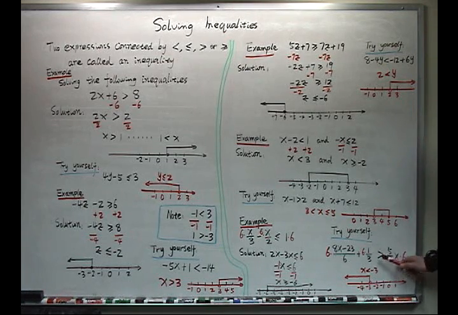And then 6 times each term, you have 8x minus 23 plus 2, which is greater than, here you have 2 cancelled, you have 3 times 5, which gives you 15x. Okay? 15x on the right.